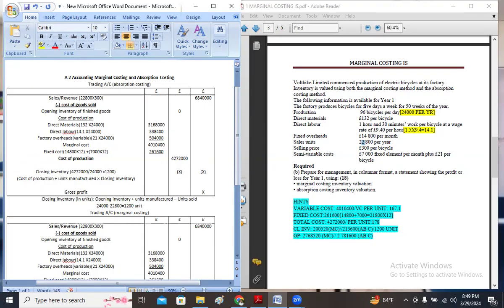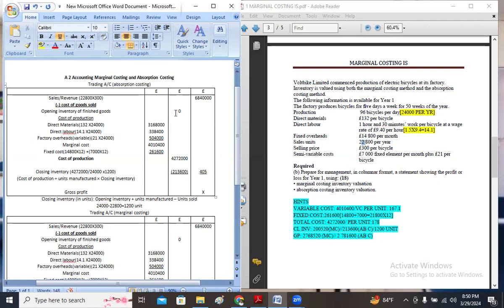That will give me the value of closing inventory under absorption costing. 4,272,000 divided by 24,000 multiplied by 1,200 is 213,600. So it should be deducted, so let me put it in brackets.